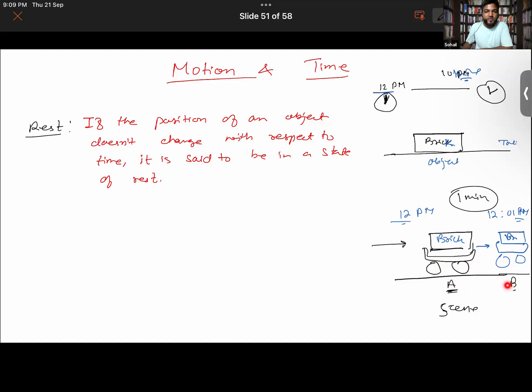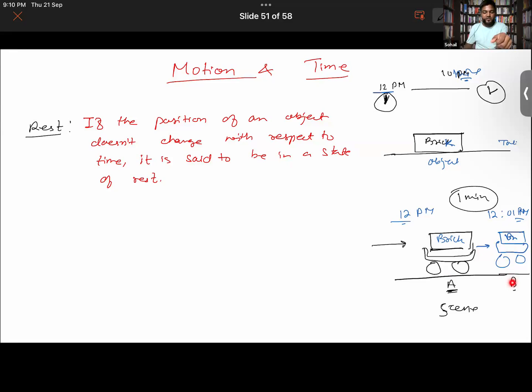So what do you observe here? We observe that this object has started to move from its state of rest and changed its position from A to B. So during this 1 minute, this object was in a state of motion. Now after some time, this cart will stop, and then again it is back to its state of rest.